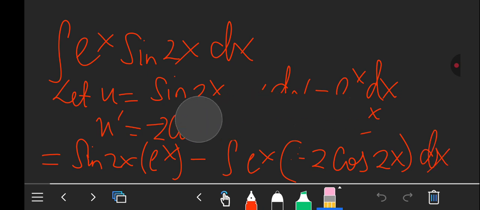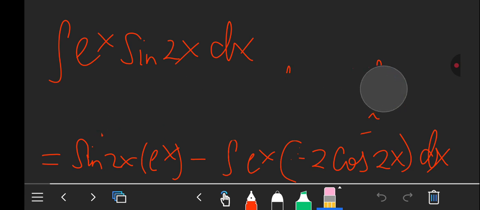Then I'll need to integrate this using integration by parts again. You see how it is coming back.